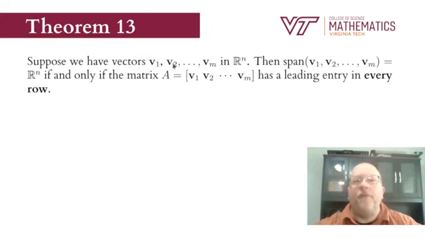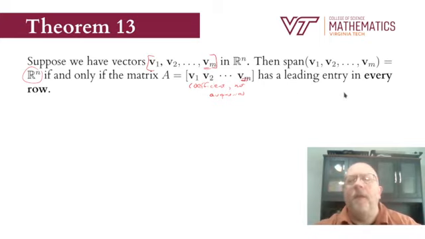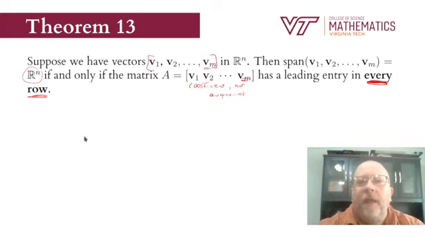So if we have a set of vectors, then the span is all of Rn if the matrix just containing V1 through Vm, the coefficient matrix, not the augmented matrix, because it stops at Vm, which is the vectors on the left side of the equation, has a leading entry in every row. Then no matter what we augment it with, we can't have a leading entry in the augmented column. And that's what guarantees us to have a spanning set.